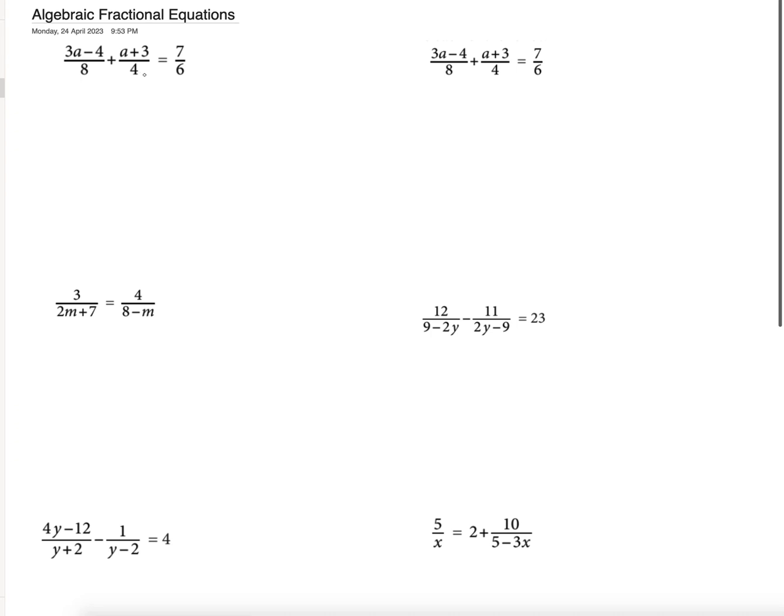So here we have a factor of 3, and then we need a factor of 4, so it's 24, right? 24 is the common multiple, the LCM. So we multiply throughout by 24, the LCM. We multiply through by the LCM so we can cancel the denominator.